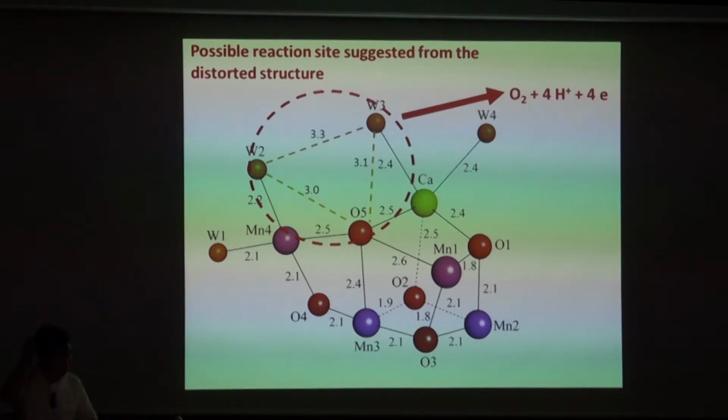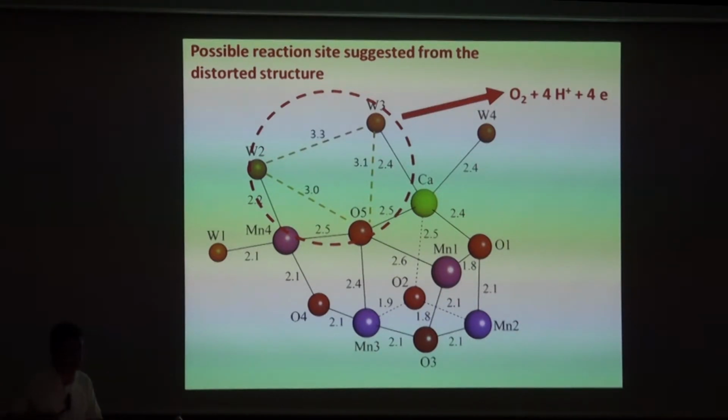And based on this, we look for the second oxygen atom or water molecule that is close enough to O5 and may form an O-O bond between O5 and the second oxygen. There are 2 water molecules, here and here. We call them W2 and W3.